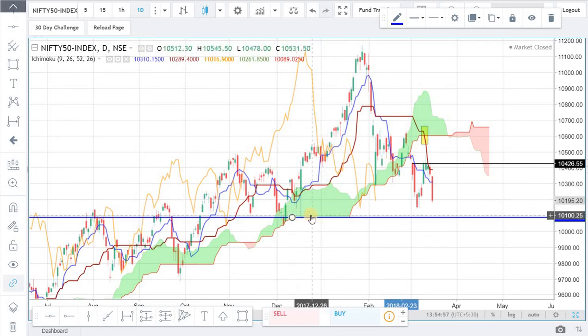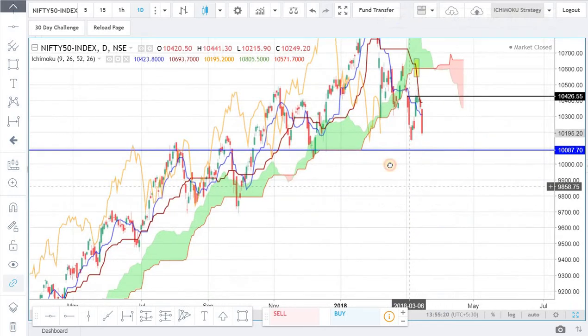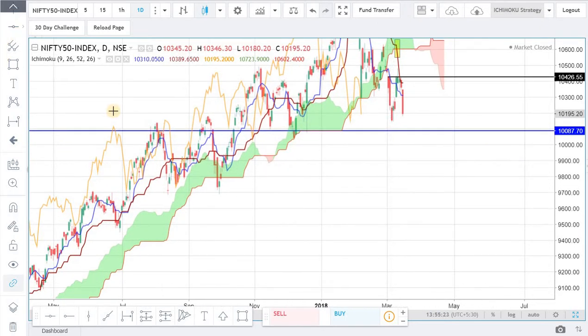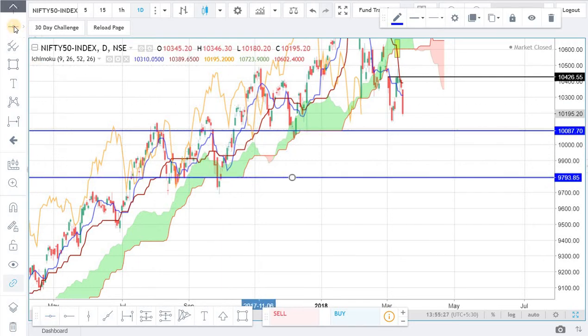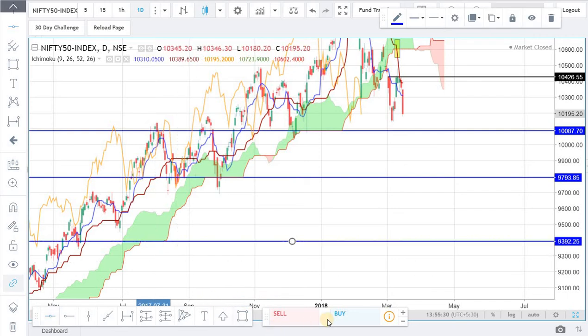So I'm really hoping that it actually comes down here and then goes back up. But because of this major negative indication, I have a feeling that it may bounce just a little and then go down, or you can look at other levels like this or this in future.